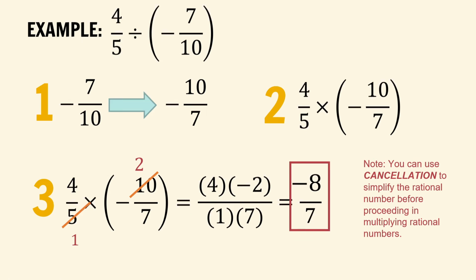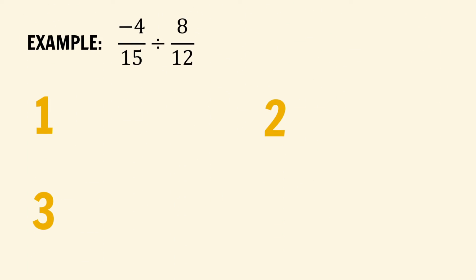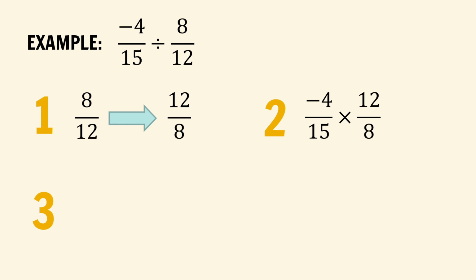So how about if we have the example negative 4 over 15 divided by 8 over 12? So first, get the reciprocal of the divisor, which is 8 over 12, to become 12 over 8. Next, we multiply the dividend negative 4 over 15 times 12 over 8.